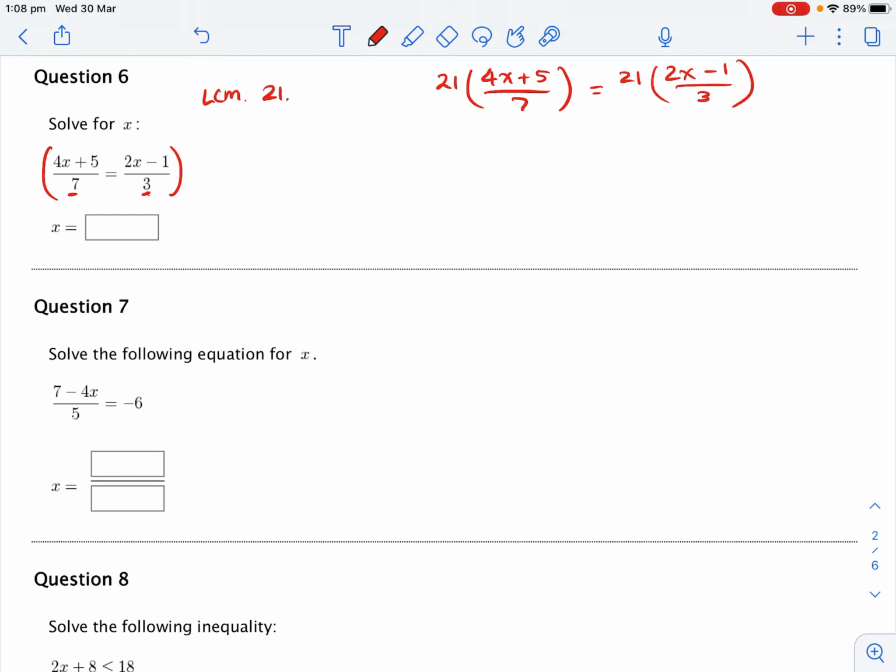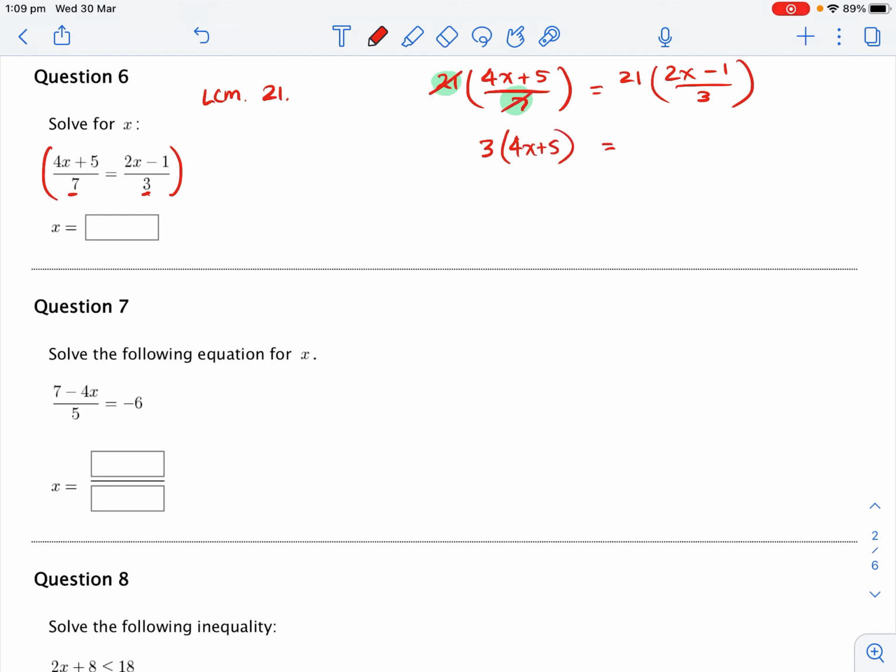And when I multiply, I've got a multiply by 21 and a divide by 7. Now, if I put them together, because I can change the order that I multiply and divide by, let's actually do the divide by first. 21 divided by 7 is just 3. And the bit that was on the numerator stays in the numerator.